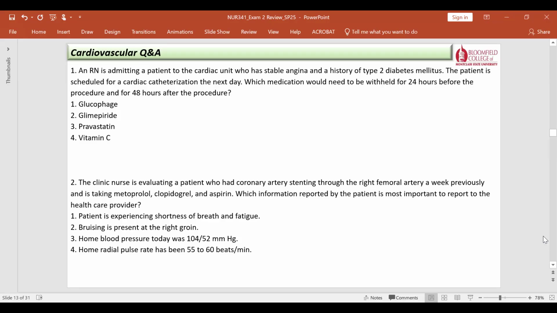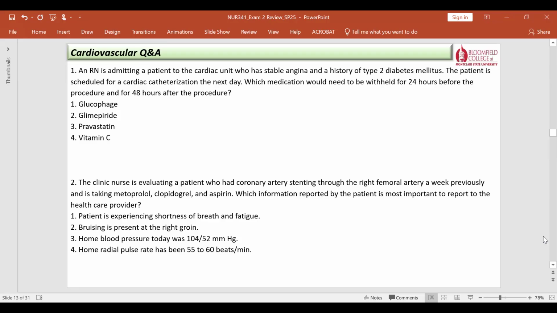A nurse is admitting a patient to the cardiac unit who has stable angina and a history of type 2 diabetes mellitus. The patient is scheduled for cardiac catheterization the next day. What medication would need to be withheld for 24 hours before the procedure and for 48 hours after the procedure?